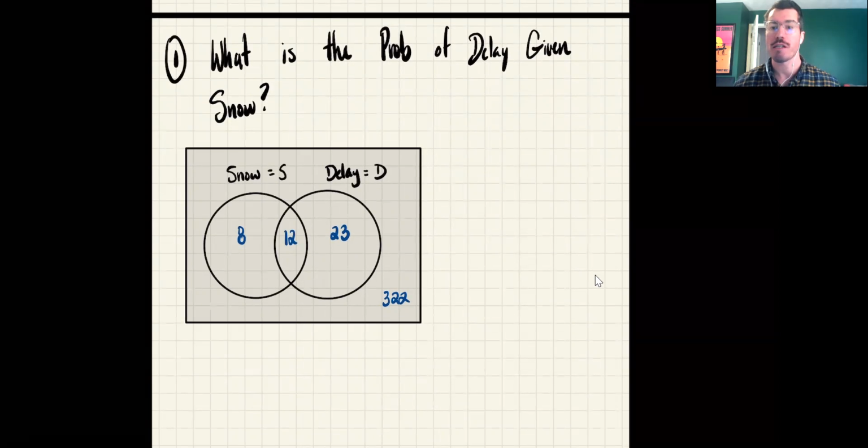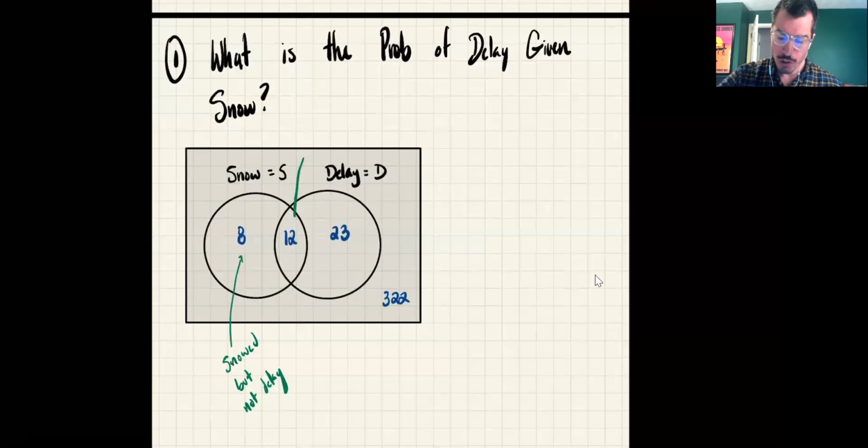So what I have here is I've organized a Venn diagram showing this information so we can break it down. I'm going to first just make note of what each of these things mean. So we have 8 days where it snowed, but not delay, okay? So it did snow outside, but the bus ran on time. There was no delay. We had 12 times where there was snow and delay.